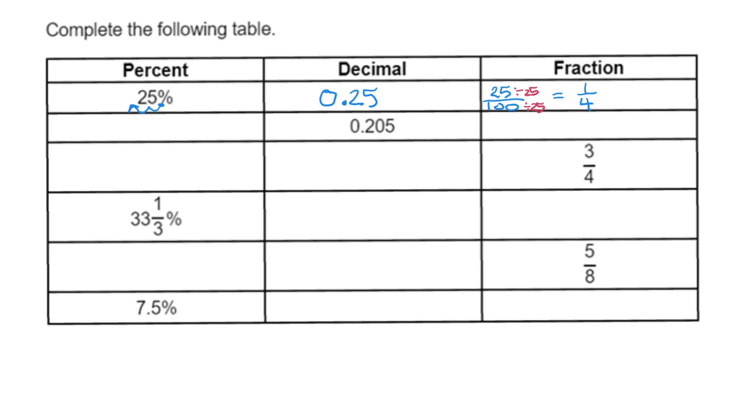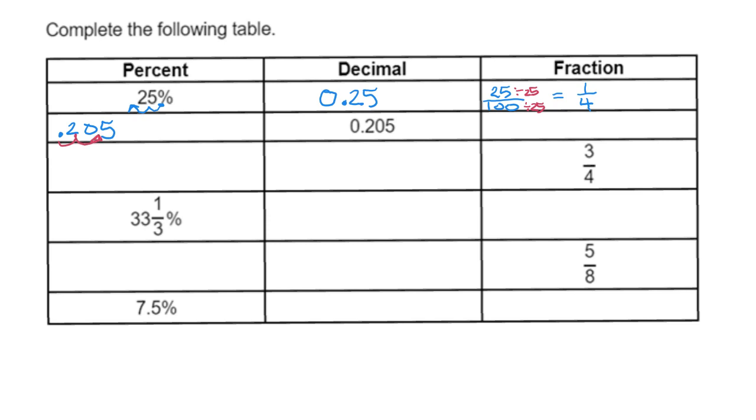All right, let's look at the next row, we can actually do this one also. This is decimal point 205, and you can go to percent form or fraction, whatever you choose. I'm going to change this to a percent since it's the easiest at this point. So I know it's a decimal 0.205, but I'm going to move the decimal 2 places to the right and add my percent symbol.